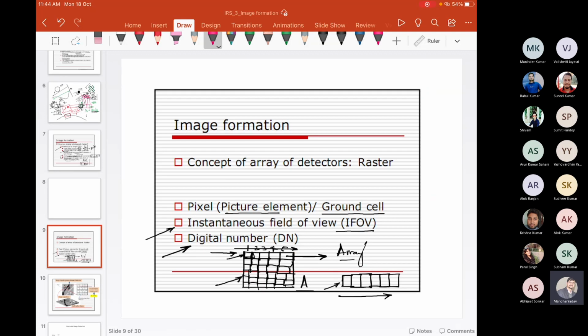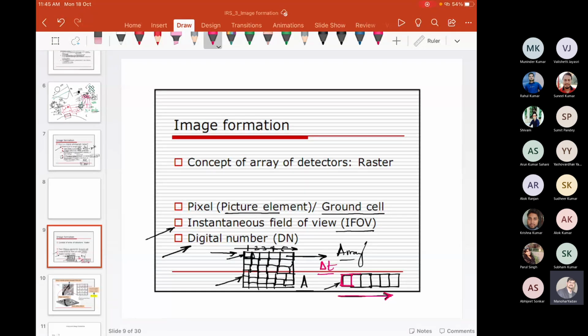Again, coming to this point. How along the row are these grids captured? By providing mechanical angular rotation to this optics. For delta t time, as I said before, the focus of the sensor is at this cell.